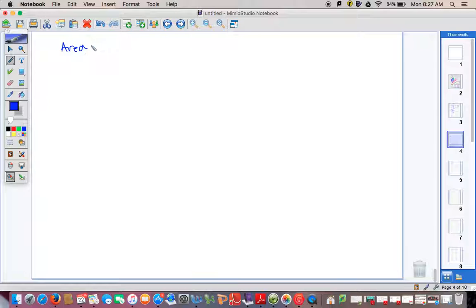We know the formula for area is pi r squared, so we can replace the area with pi r squared. So we have pi r squared equals 144 pi inches squared.